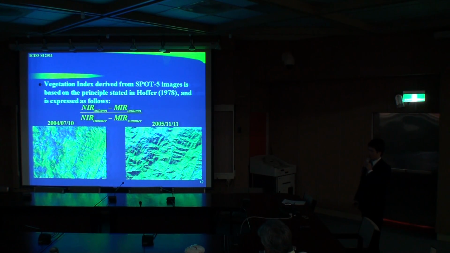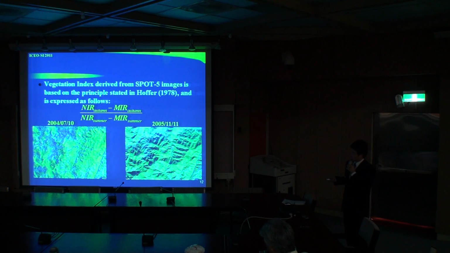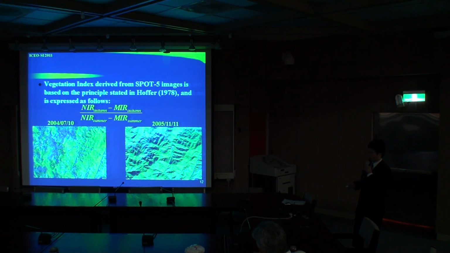And the vegetation index was derived from two SPOT images. One was acquired in summer 2004, and another was acquired in autumn 2005. We based it on the principle of the changes of moisture content of plants to build this vegetation index.